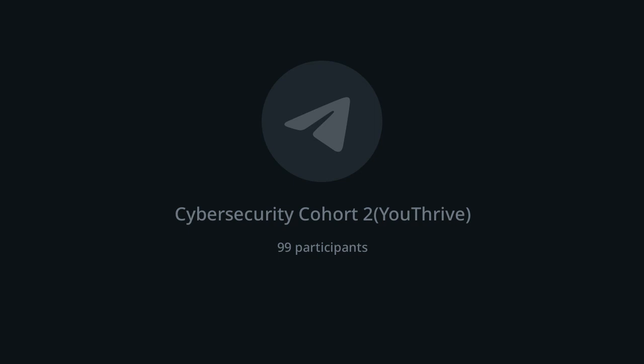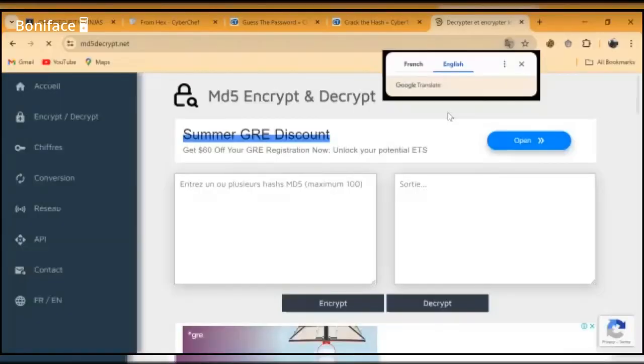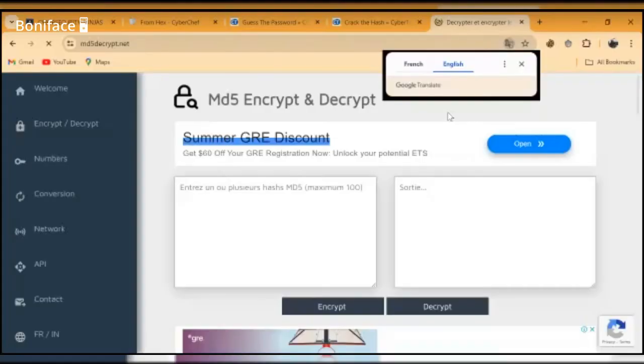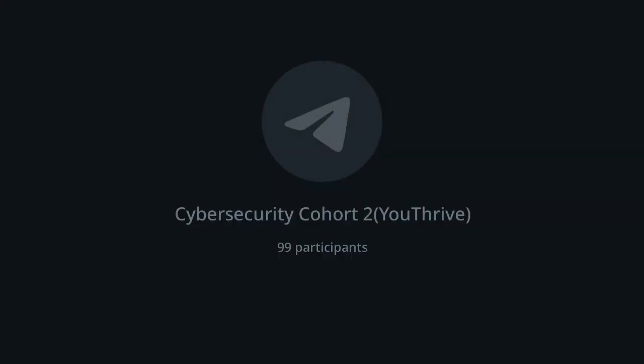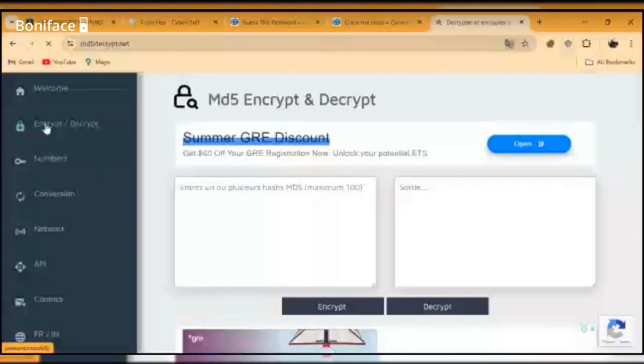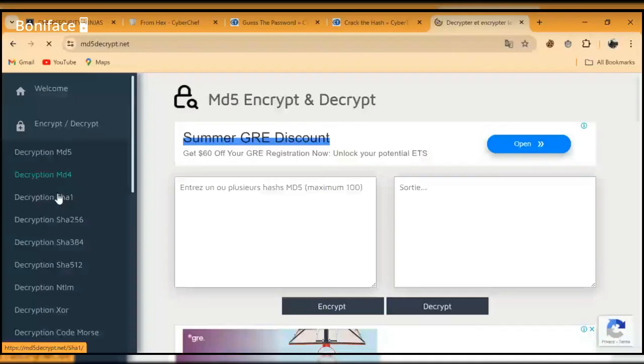It's actually taking time from my end. Network today is pretty bad. All right, we have it changed already. So I go to encrypt/decrypt. So we are decrypting SHA-1, right? So we decrypt SHA-1.